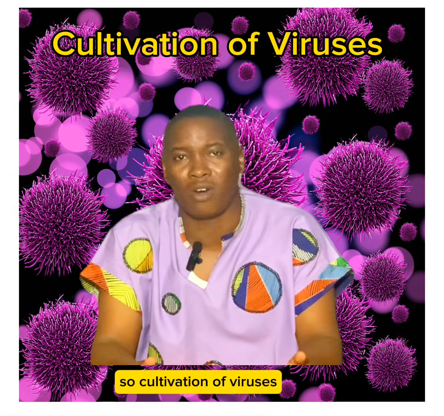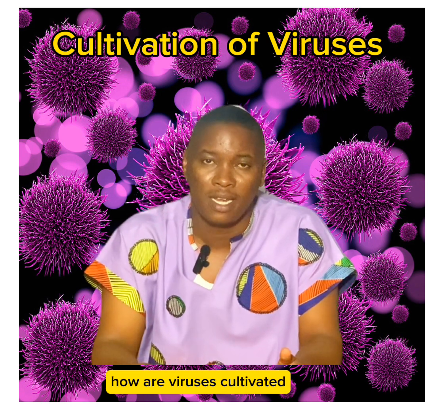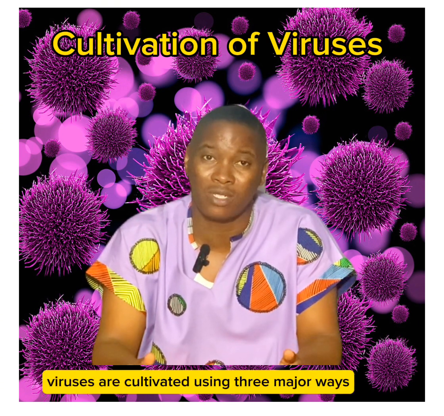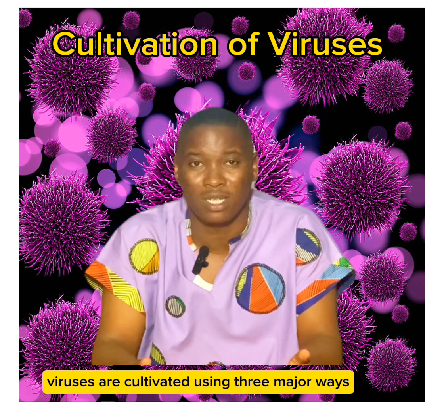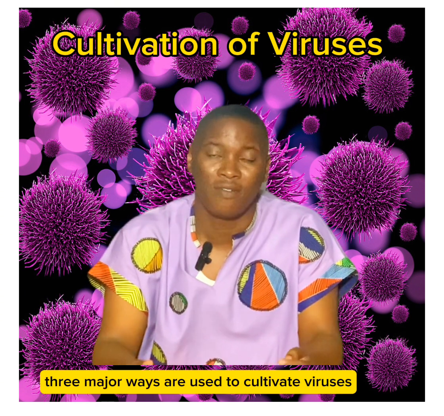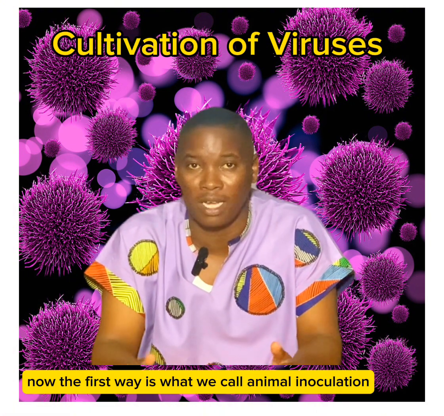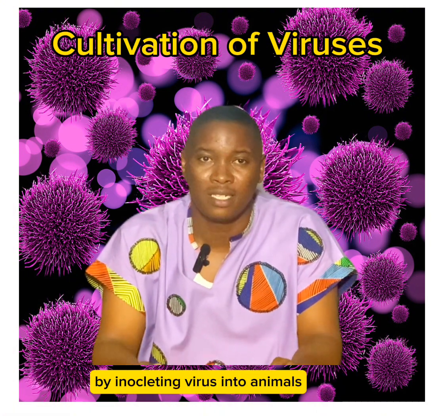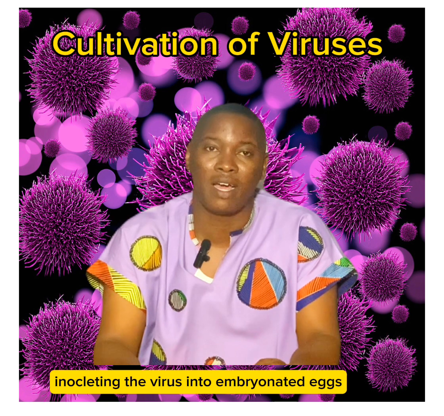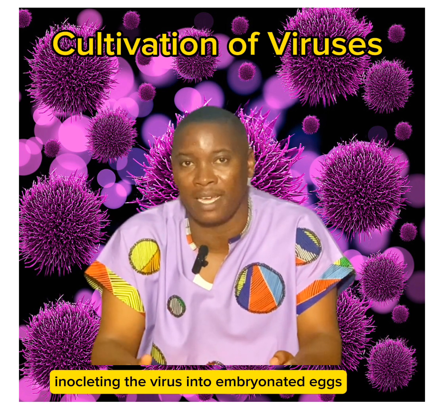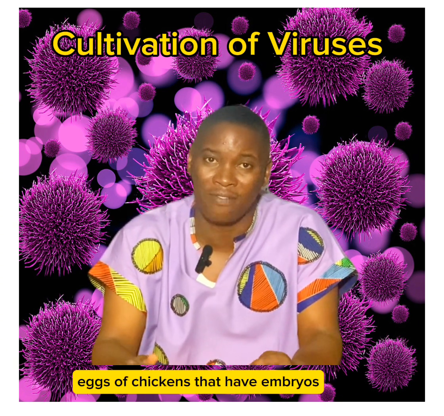So, cultivation of viruses: how are viruses cultivated? Now, within the laboratory, viruses are cultivated using three major ways. The first way is what we call animal inoculation, by inoculating the virus into animals. The second way is by inoculating the virus into embryonated eggs, eggs of chickens that have embryos.